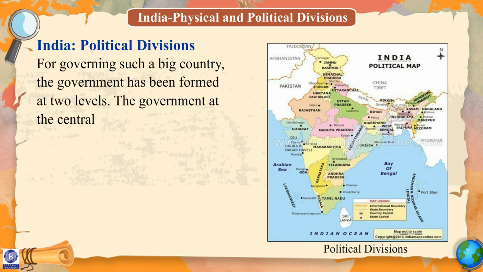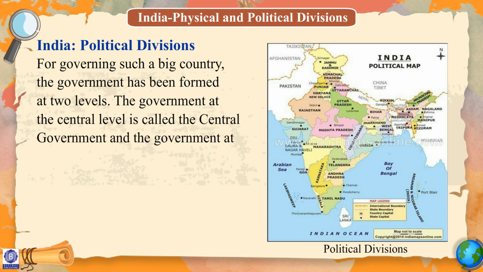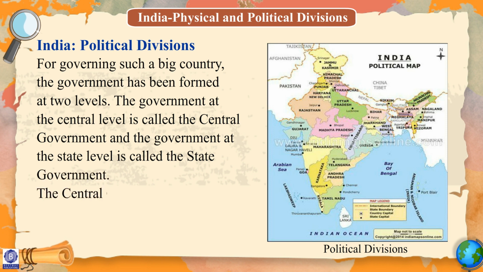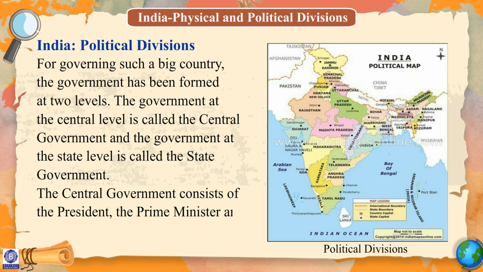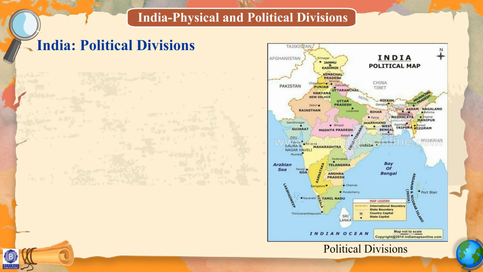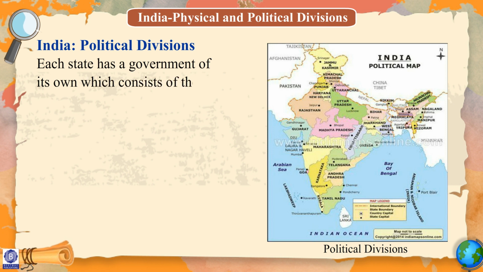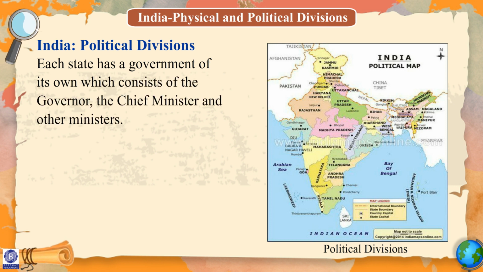The government at the central level is called the central government, and the government at the state level is called the state government. The central government consists of the President, the Prime Minister, and the Council of Ministers. Each state has a government of its own which consists of the Governor, the Chief Minister, and other ministers.